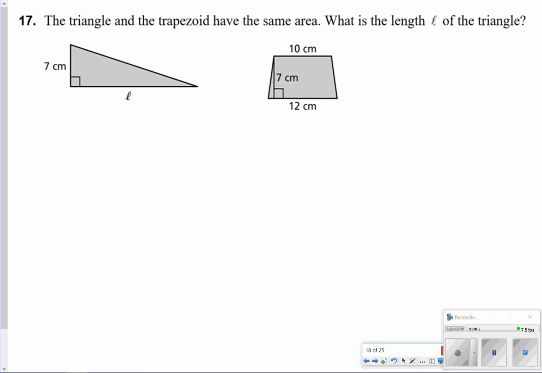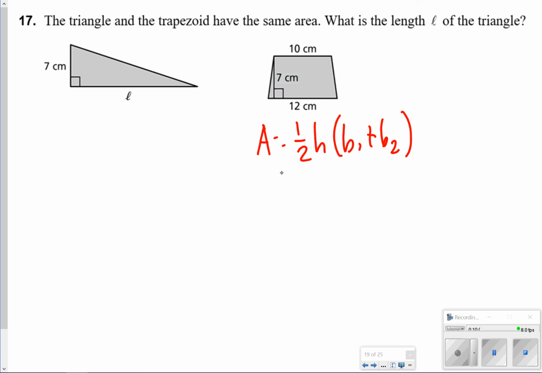It says the triangle and the trapezoid have the same area. So what's the length L of the triangle? Sorry about that. That was just a little interruption from the intercom. You first need to define the area of your trapezoid. Remember, area looks like this. Area is equal to 1/2 height, parentheses B1 plus B2. Another way we talked about that in the beginning of this chapter is we are going to add the bases together first, then multiply by the height, and then divide it by 2.